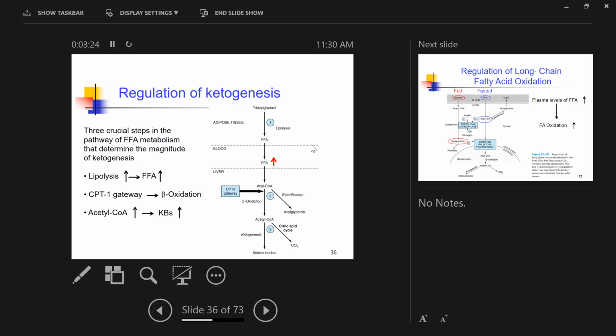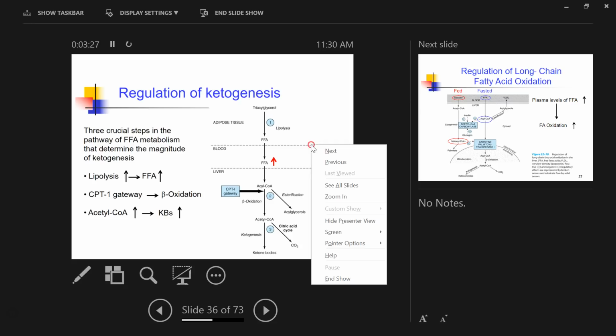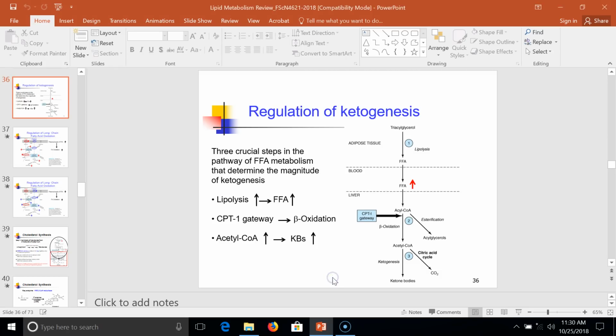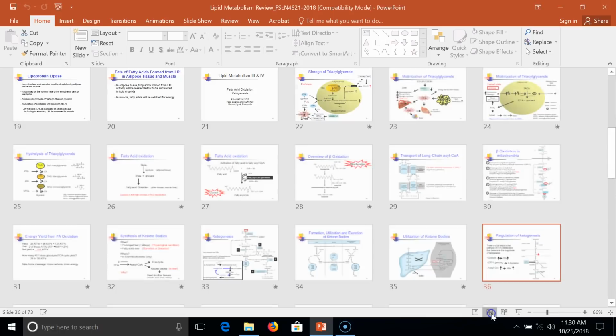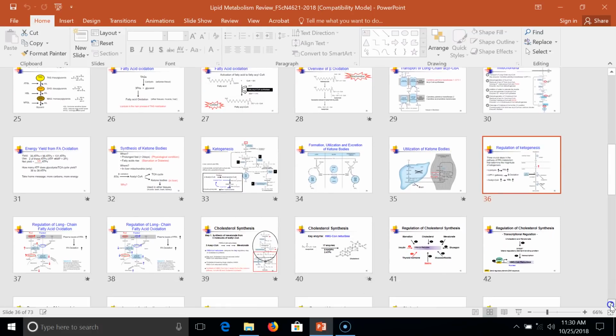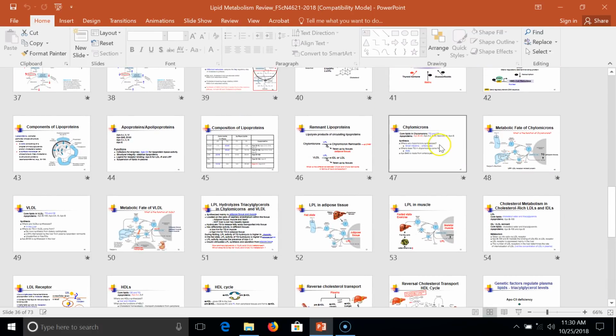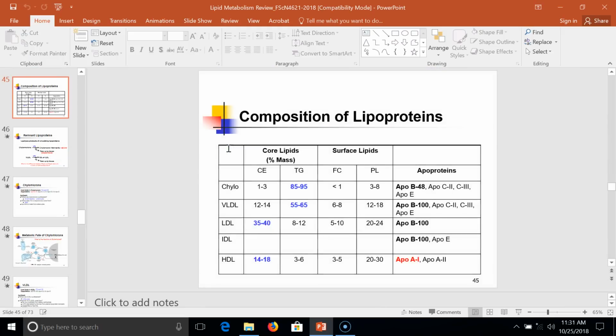So lipoproteins. What are the 4 major groups of lipoproteins? Chylomicron, VLDL, LDL, HDL. These are the 4 main lipoproteins that I want you to remember. And which apoproteins are associated with each of these?